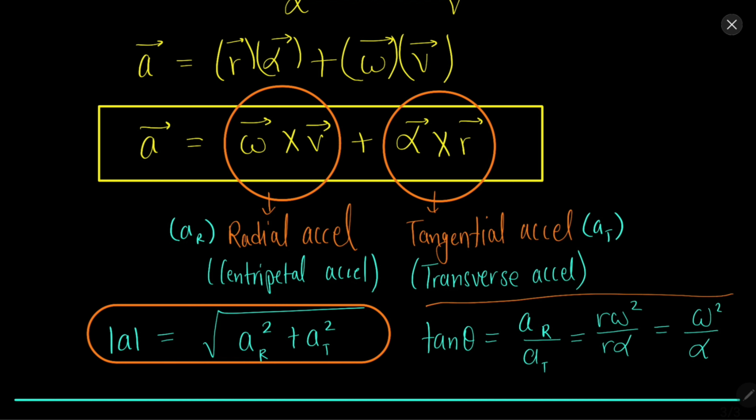So these are the various relationships between angular and linear components of, let's say, displacement, velocity and acceleration. Now obviously if there is circular motion, then there must be a force which is responsible for that circular motion.